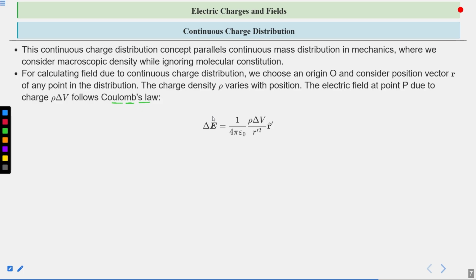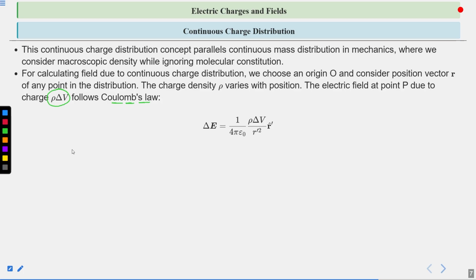So the electric field at point P due to charge rho delta V. Now here is an important point. Here we learned linear charge distribution, surface charge distribution, and volume charge distribution. Using the concept of these types of charge distributions, we will find the electric field at a particular point using the coordinates of the position of the charges.